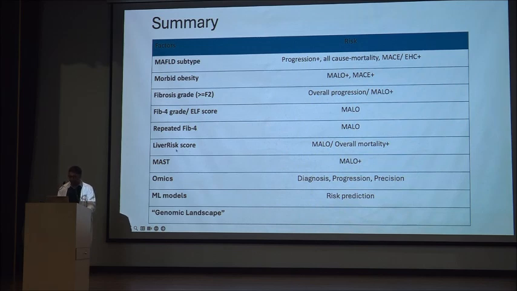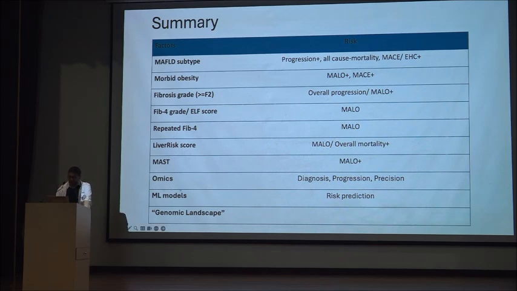Liver risk score has also shown good association with prediction of MALO or overall mortality, but these liver risk scores must be defined based on our own population, because these risk scores may be different in different geographical or genetic settings.